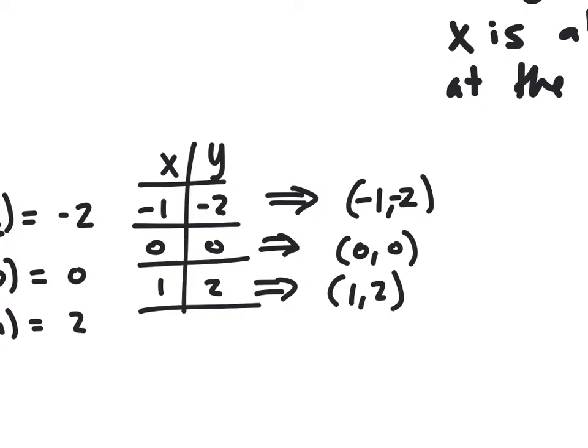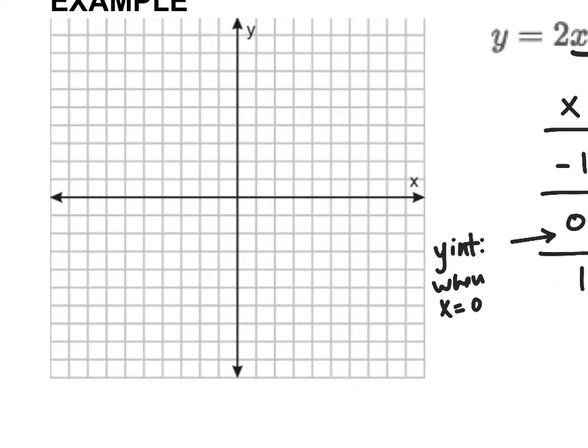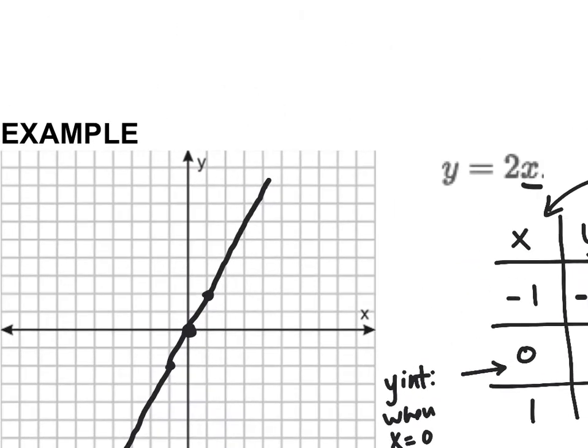So let's go ahead and plot those points here. I'm going to do 0, 0, plot that at the origin. Then 1, 2, and then -1, -2. If I collect these points here, we get this line. I'm just going to draw it like so.